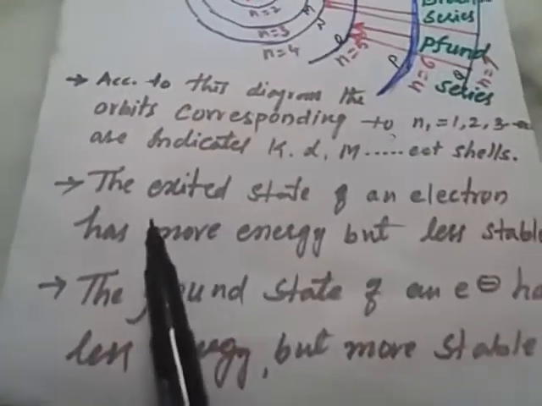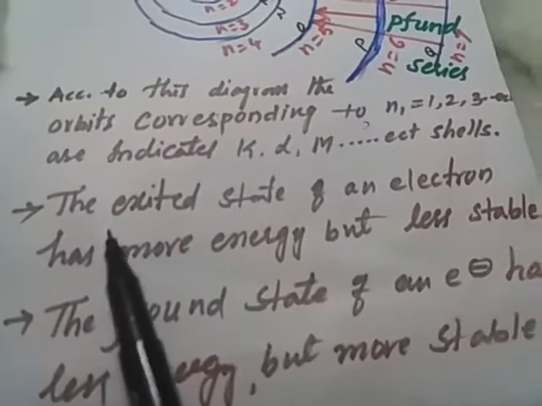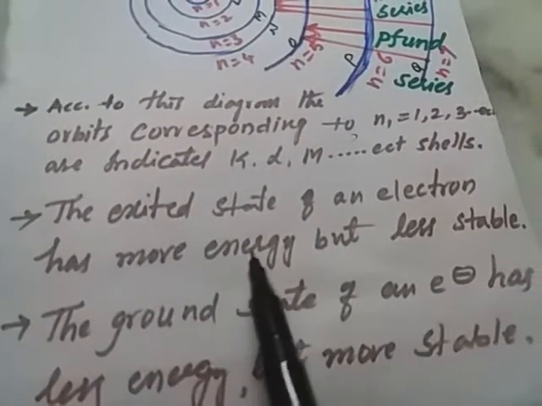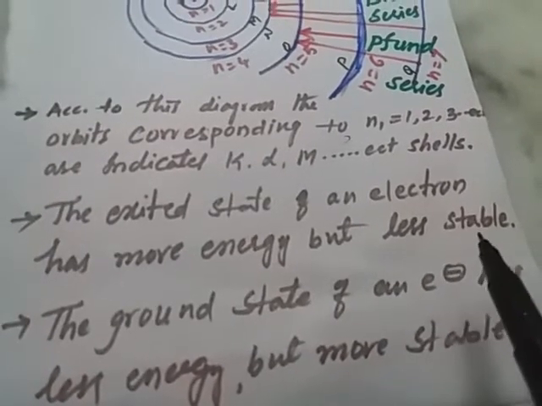The second point is that the excited state of an electron has more energy but is less stable.